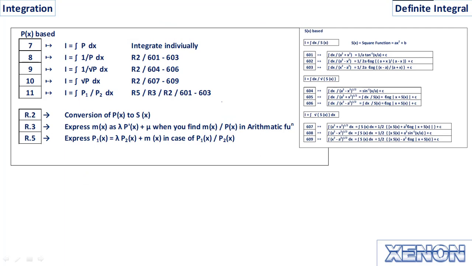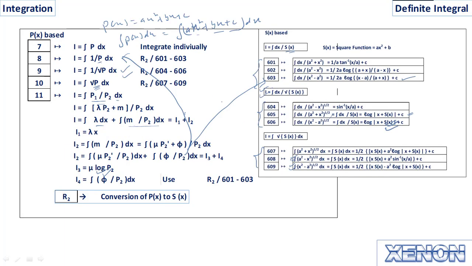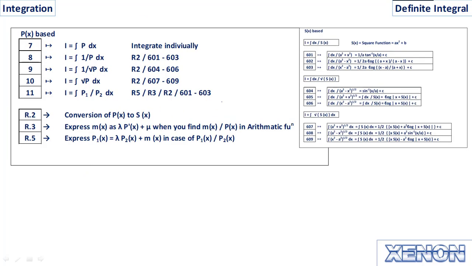So this is the summary of the previous section, when we are getting the integration of the form of Px, where Px is in the denominator in the form of inverse of a square root, when we are getting a P1x upon P2x form. Then these are the methods we can apply, right?